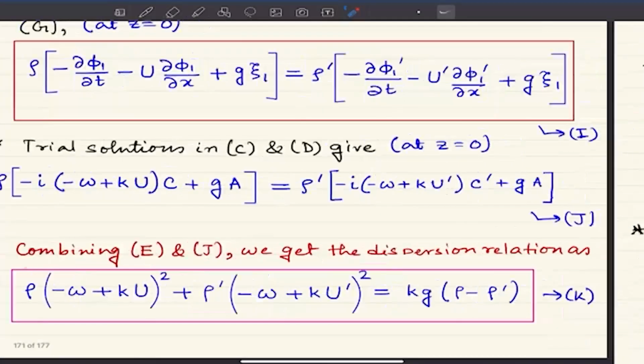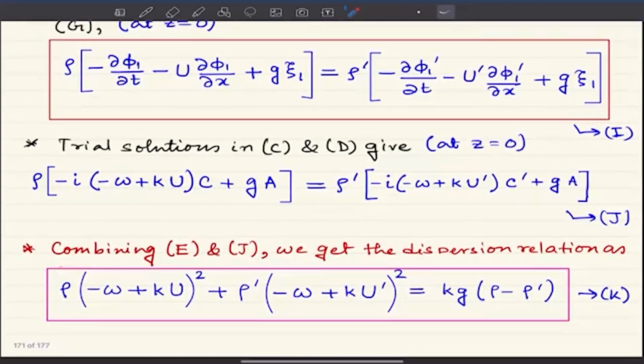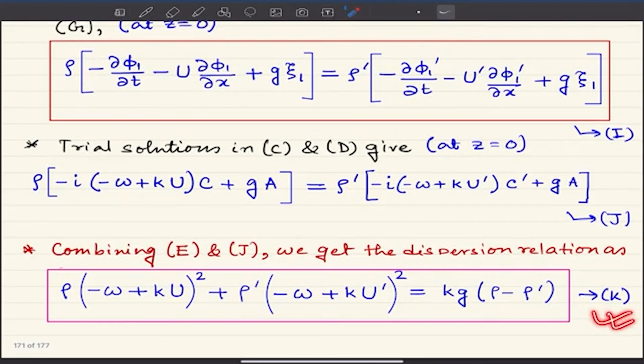So up to this, equation number K is the parent equation of all our following discussions. This is nothing but the dispersion relation of the linear wave mode.